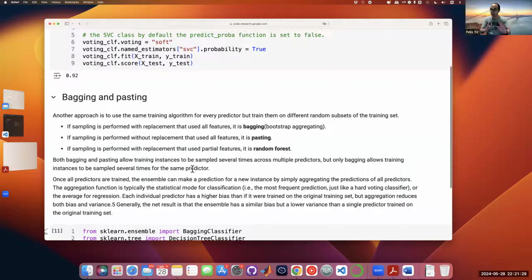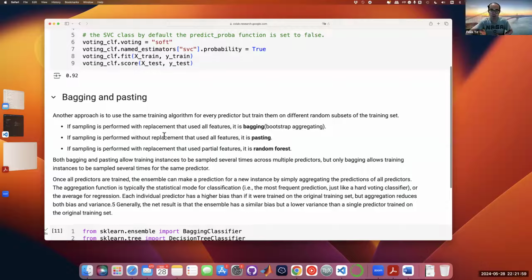But we can use exactly the same type of predictor, for example only logistic regression or only decision trees, but train them on a random subset of the training set. So we have a whole bunch of data, but we only use a small subset to train on.